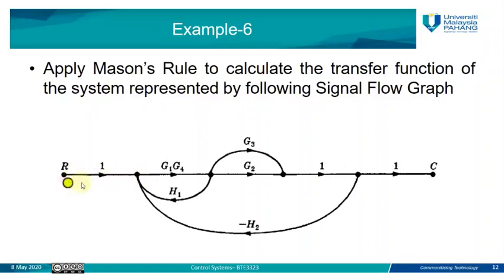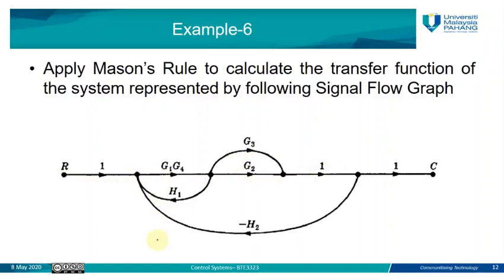So we have node R here, we have another node here, and between node R and this node the gain is equal to 1. Between this node and that node, the gain is equal to G1, G4. Between this node and that node, the gain is equal to G2. Also, the gain is equal to G3. You can see the direction of the arrow is always forward, so we can consider both as a forward path when we find the forward paths of this system.